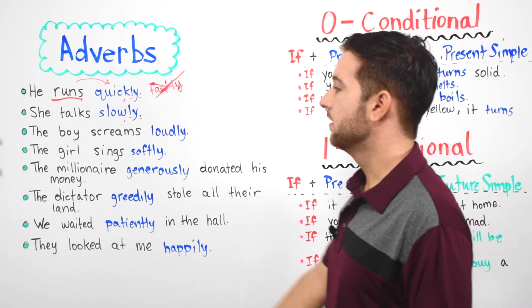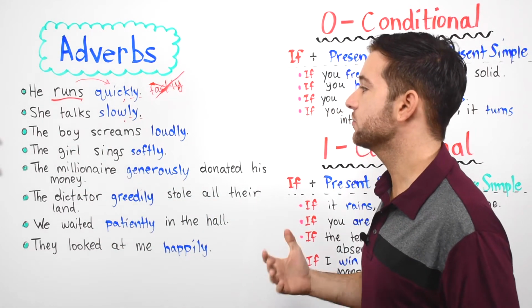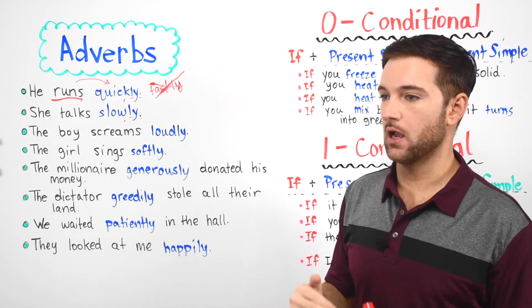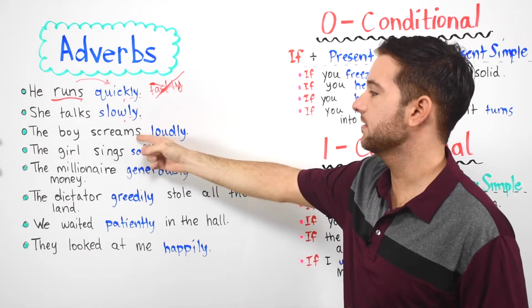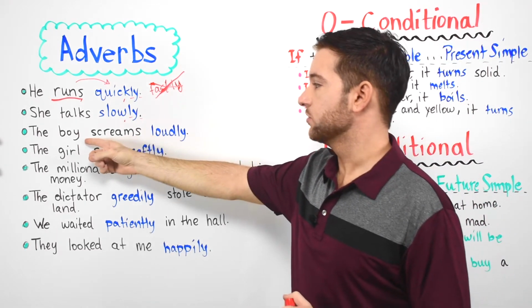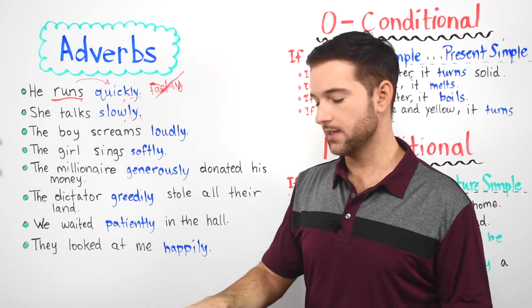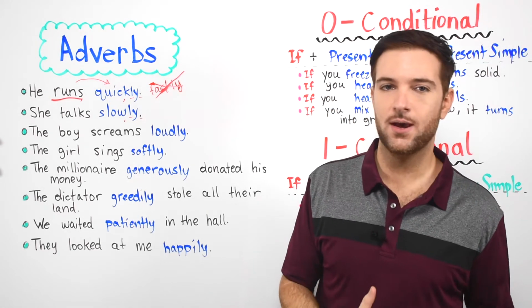The boy screams loudly. Loudly means very strong, high pitch, very loud. Screams comes from the verb to scream, which is oftentimes what little kids do. They scream when they play, they scream when they're unhappy.